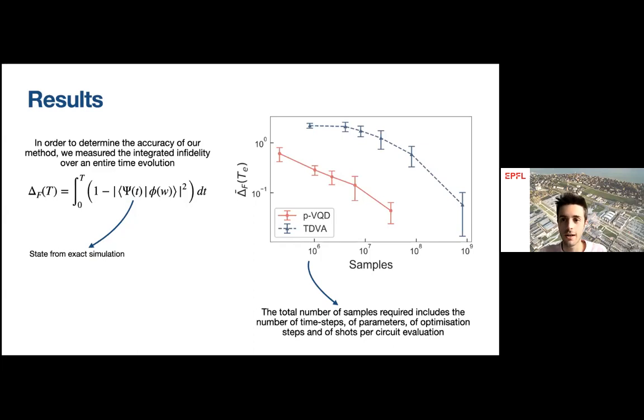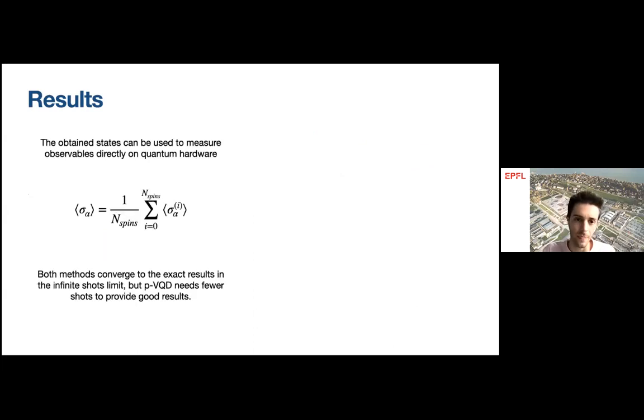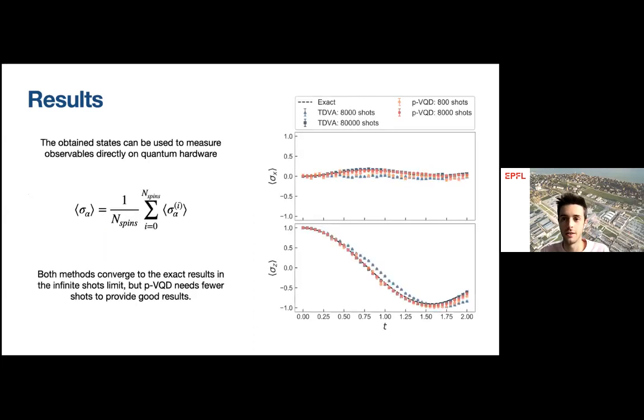Just because we are sampling with statistical fluctuation, the TDVA accumulates much more error than PVQD, and as I was saying, this is due to the inverse of the matrix. And we also used this wave function that we created to evaluate some observables.